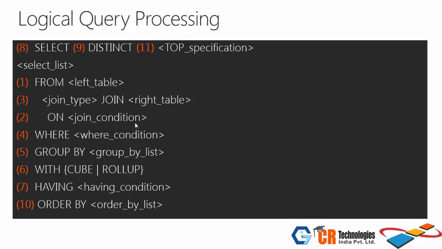The first noticeable aspect of SQL that is different than other programming languages is the order in which the code is processed. In most programming languages, the code is processed in the order in which it is written. In SQL, the first clause that is processed is the FROM clause.